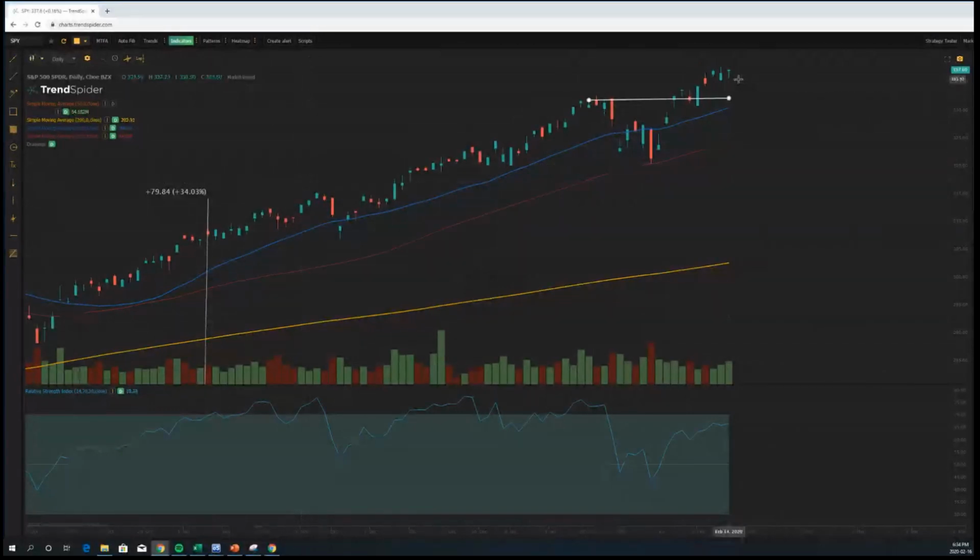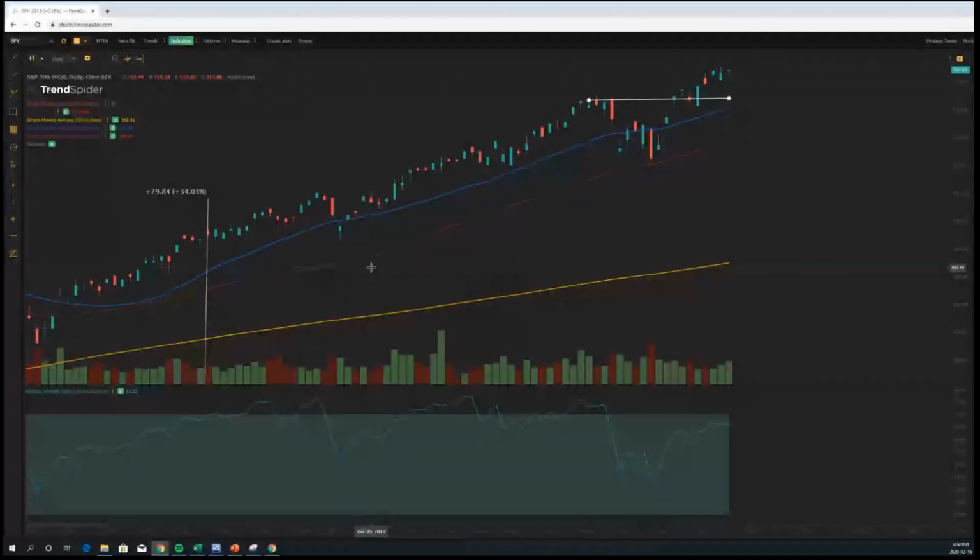If the index looks like it's going to set up, the top 10 holdings are there because they're the strongest. So, if you want a trade that might give you a bigger return, or you just want to put on more risk, look at the stocks individually after you've scanned the ETFs.